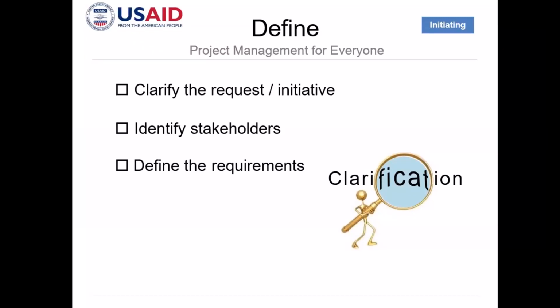Next, you have to make sure that every major stakeholder is involved in the project, even the smallest or maybe the least recognized business sponsor. And as I've shown in the diagram, there's a microscope. You need to do clarification all the time to define the requirements. So these are the major things that you have to watch out during your initiation phase.